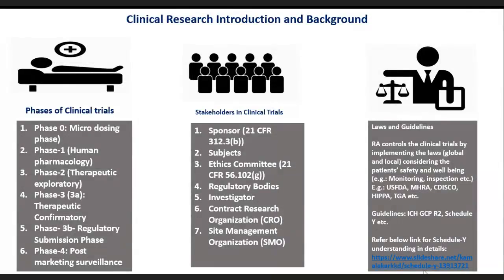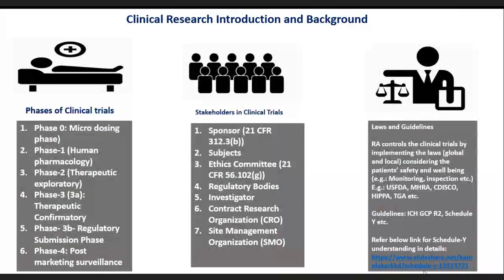But here is one trick: if the regulatory body is not approving your data in 3B, then what will happen? You have to start the clinical trial again, but not from phase 0, 1 or 2. You have to start again from phase 3, the therapeutic confirmatory phase.